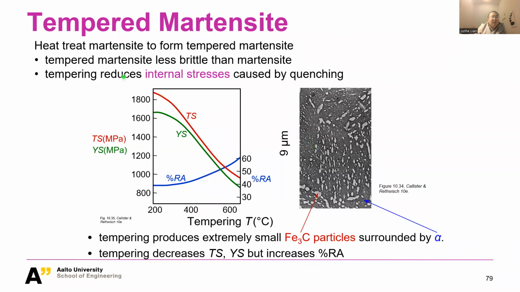And the final thing is about tempered martensite. As I said, if you're not so happy with the very brittle feature of martensite and you want to improve that a little bit, how do we do it?